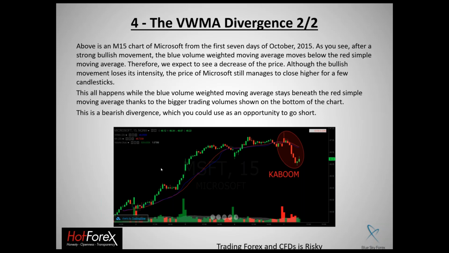You will not see a lot of these battlegrounds, and you cannot really utilize the simple moving average and volume weighted moving average combination on a sideways market if there's a lot of volume, right? Because the volume weighted moving average is simply really frequently moving up or down based on the simple moving average, right?